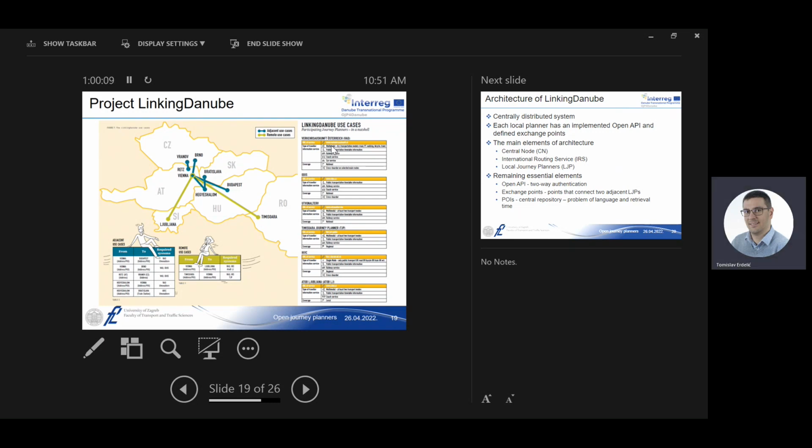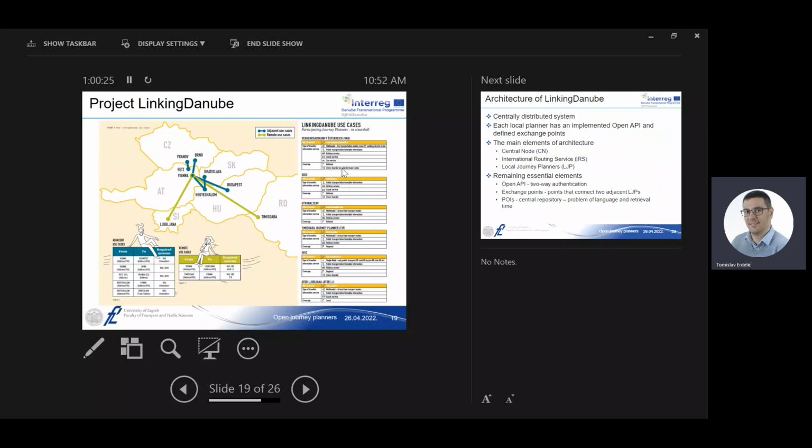Okay, then there are IDOs, probably in the Czech Republic or Slovakia and so on. You probably know this one, the Timisoara journey planner. Okay, these were used.